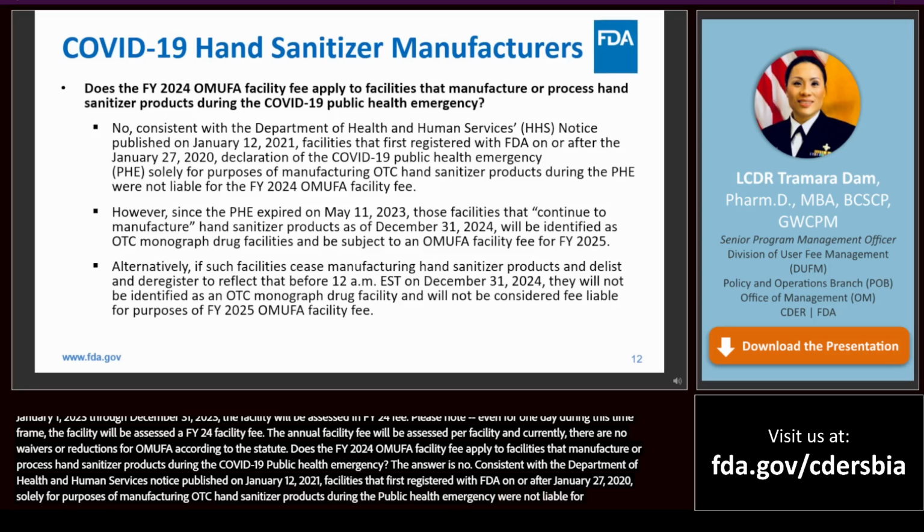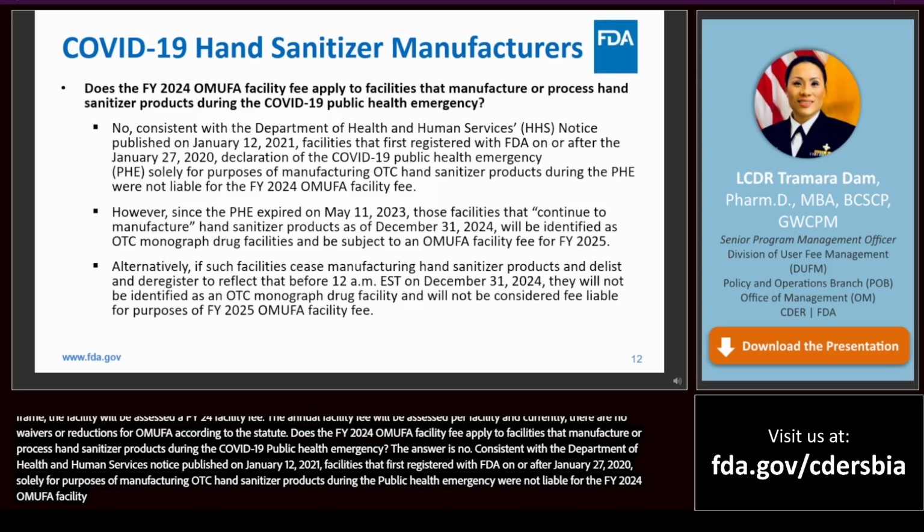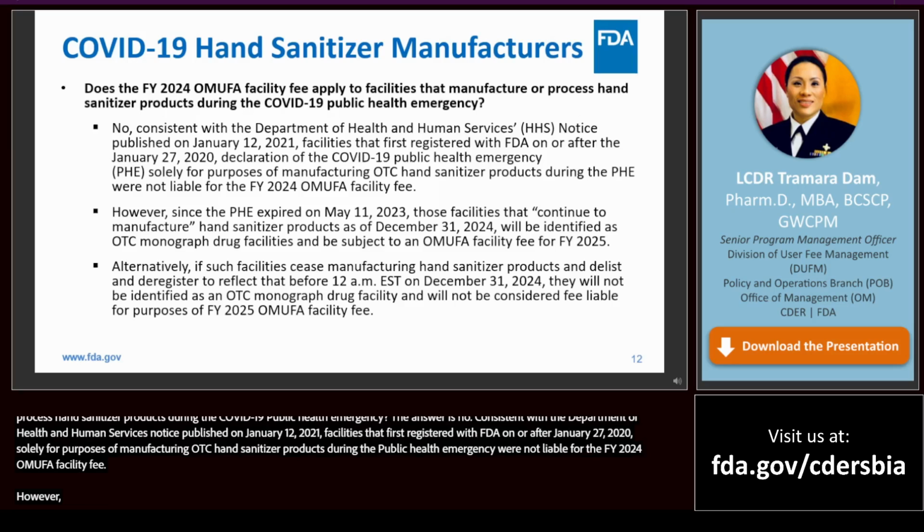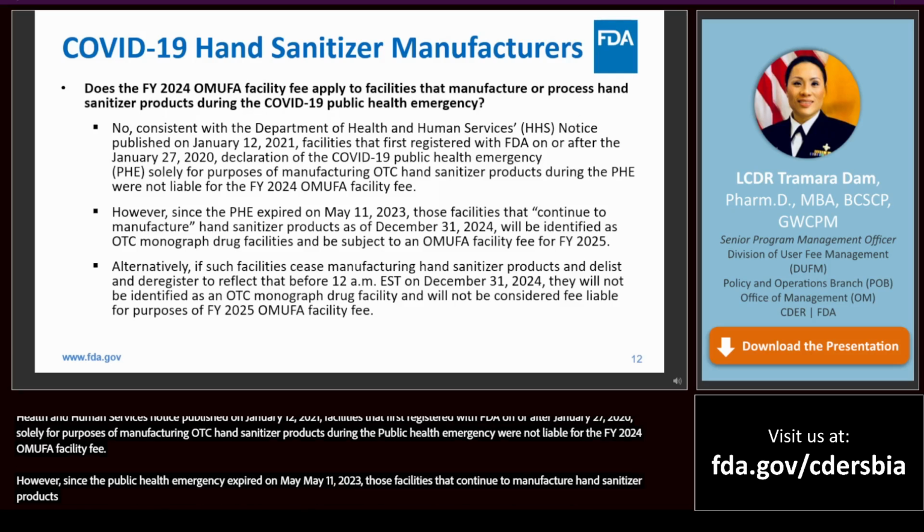However, since the public health emergency expired on May 11, 2023, those facilities that continue to manufacture hand sanitizer products as of December 31st, 2024 will be identified as OTC monograph drug facilities and be subject to an OMUFA facility fee for FY 2025.